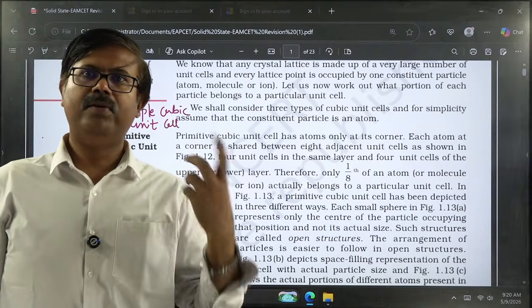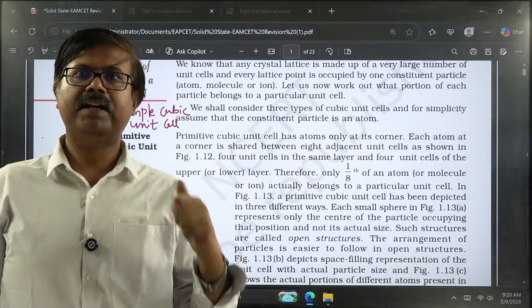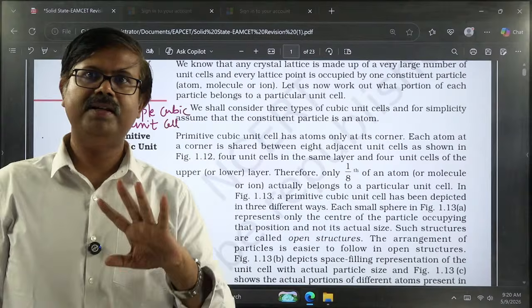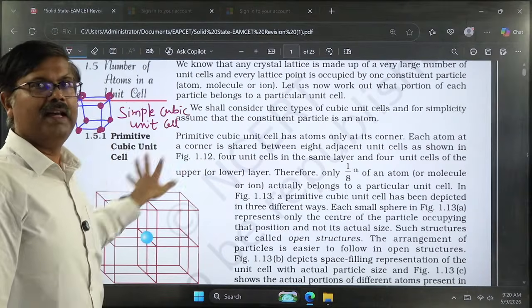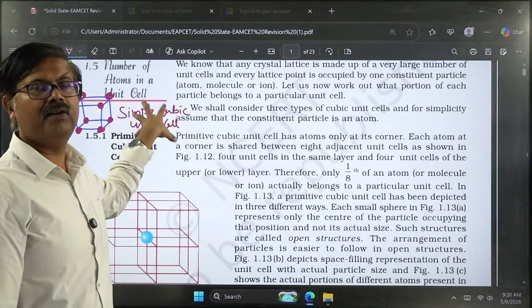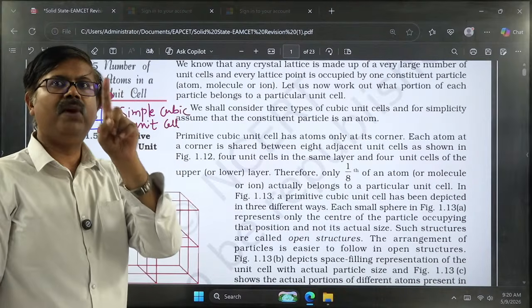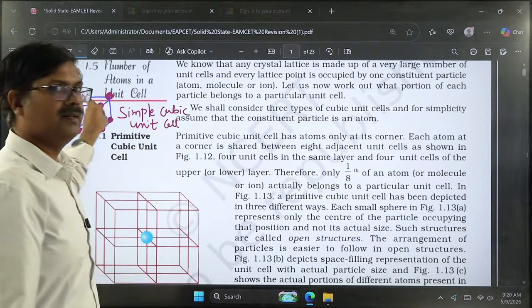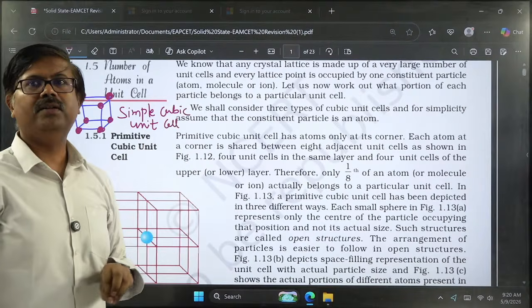Next, two more are there. The second one is body centered cubic. Body centered cubic means all these 8 atoms will be there similarly at the corners, plus one atom at the center of the body, meaning the center of the cube.